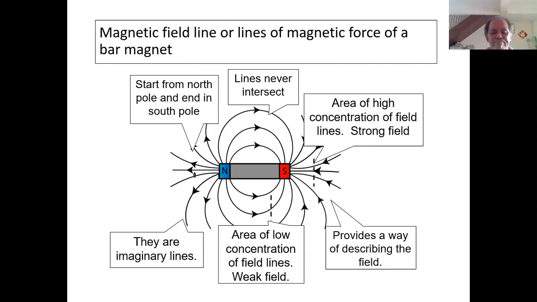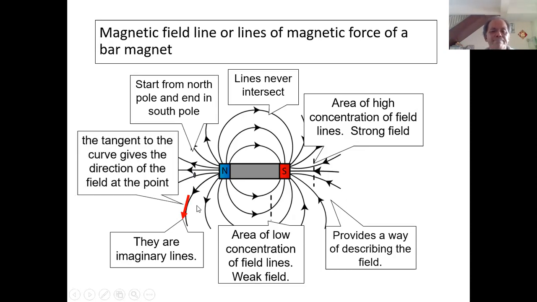We cannot even see them. If you want to find the direction at this point, it's just a tangent to the curve. And if we are more interested in a uniform field, we show it as parallel lines, equal distance apart.